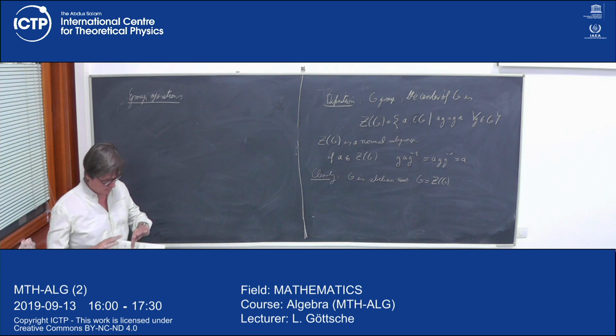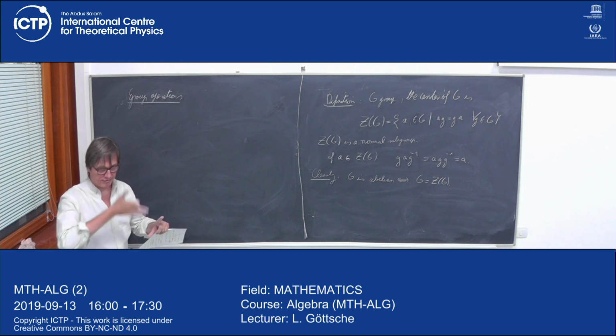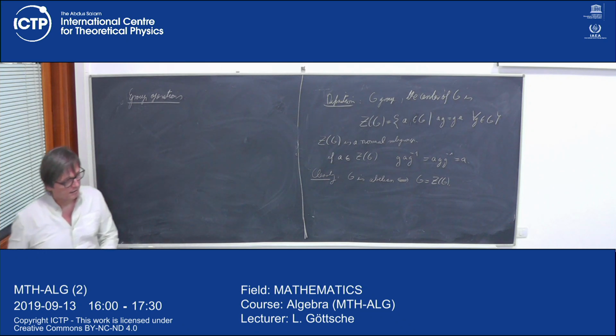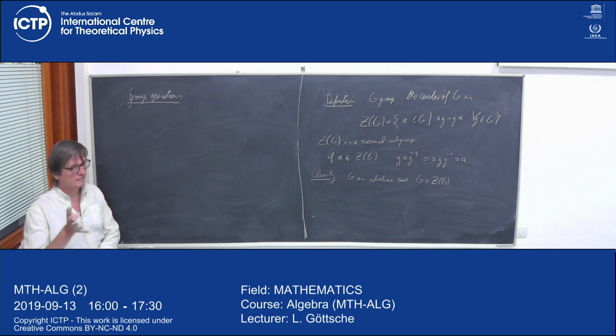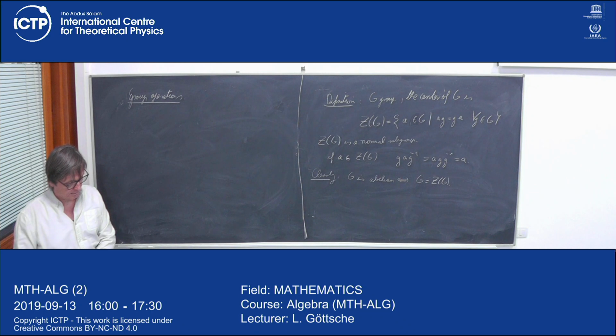If you have a square, you can move it in different ways so that its shape doesn't change. You can turn it, or you can reflect it, and it still looks like a square. This would be the action of the group on, say, the square, or maybe just the vertices of the square.